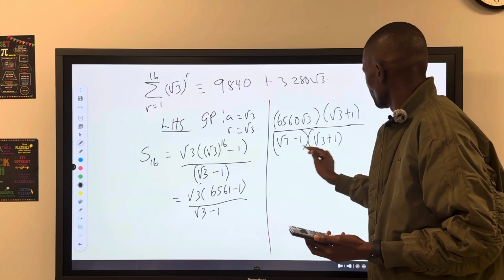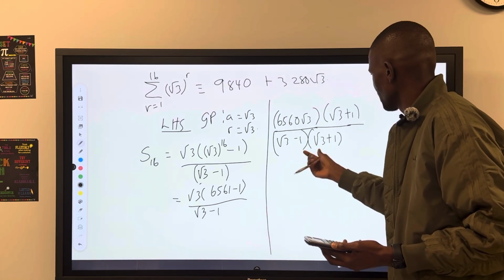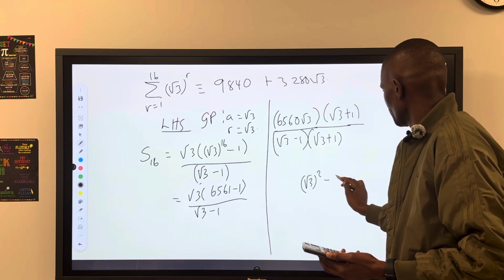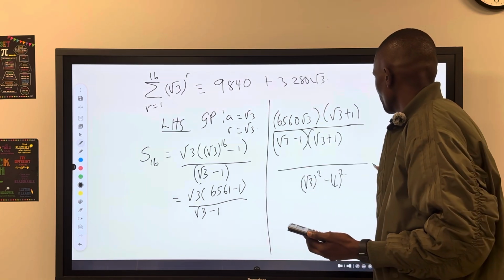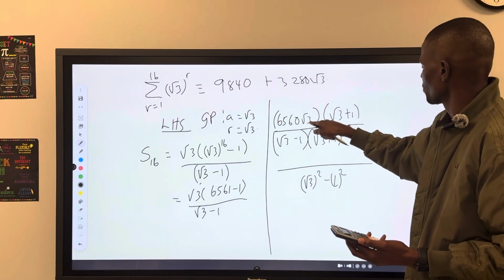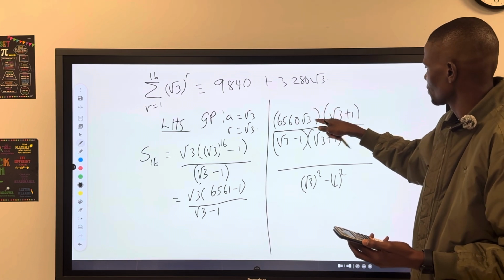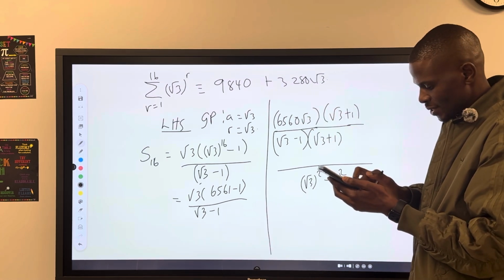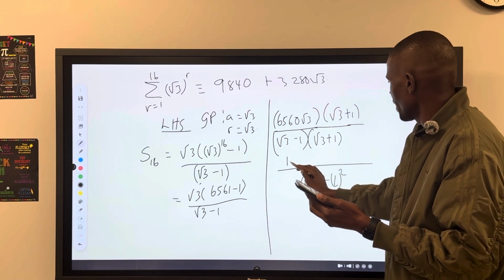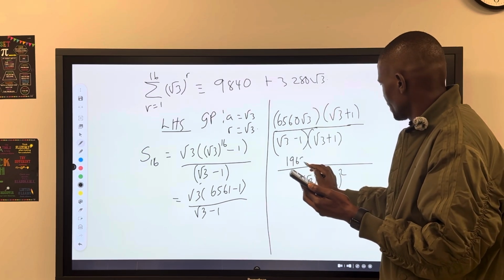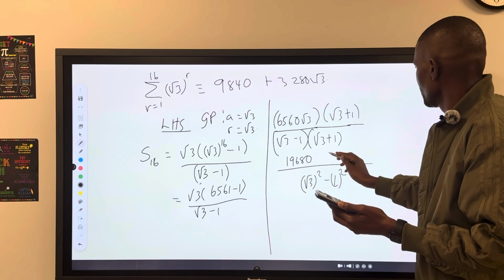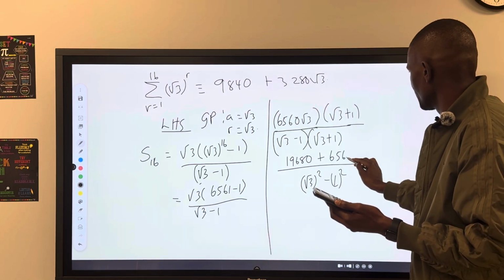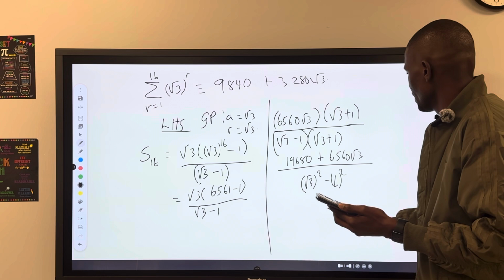When we multiply, obviously that's the difference of two squares, so it's root 3 squared minus 1 squared on the bottom. On top, root 3 times root 3 is 3, so 3 times 6560, times 3, I'm getting 19680, then plus this times that, it's 6560 root of 3, right?